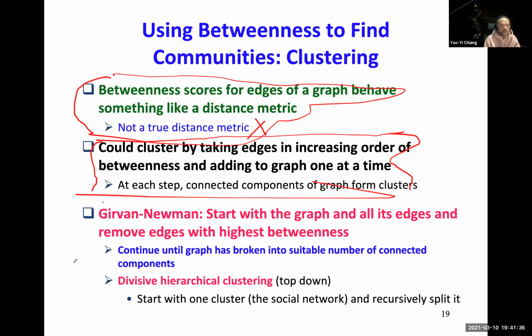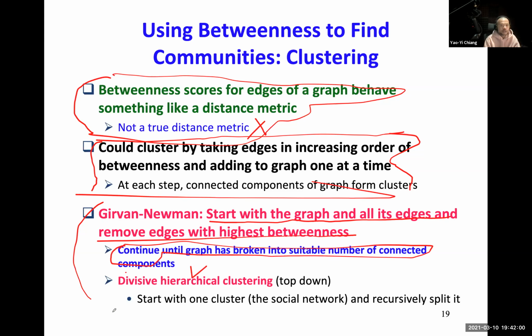For the Girvan-Newman approach, once you generate the betweenness of each edge, you start with a graph and all the edges, and remove the edges with the highest betweenness number. You continue until your graph is broken down to some suitable number of connected components, and you are done. This is top-down hierarchical clustering, divisive, and I'm going to show you some examples.